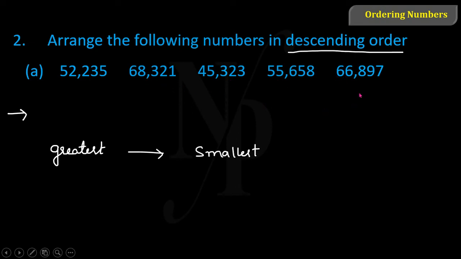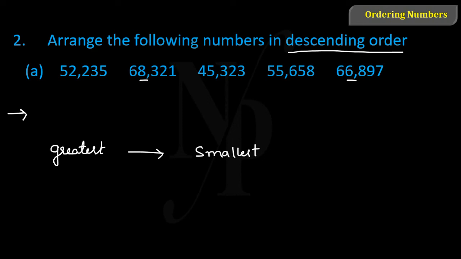And since both are same, we will now compare the digits in thousands place. That is 8 in this number. Here we have 8, and in this number here we have 6. So when we compare these two, 8 and 6, 8 is greater than 6. Therefore 68,321 is the greatest number among all the given numbers.